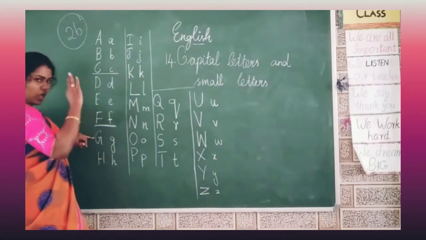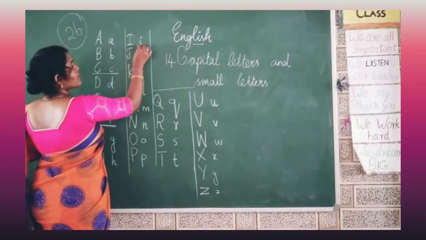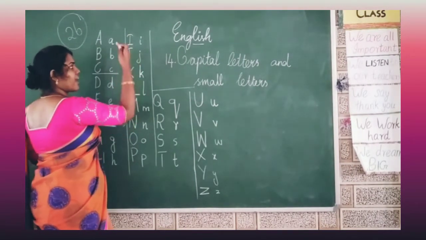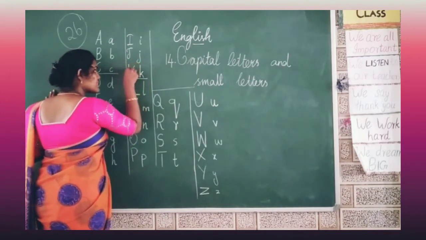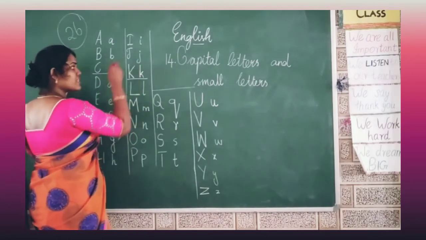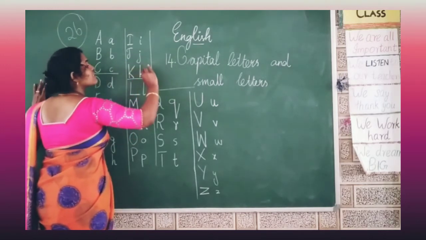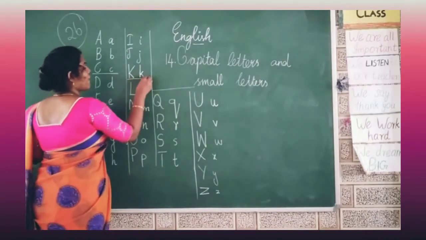Then G, okay. H, it's okay too. I, okay. J, okay. K, again. The only difference is in this mark. This is a little bigger and this is a little smaller. That's the only difference. So K. L too.